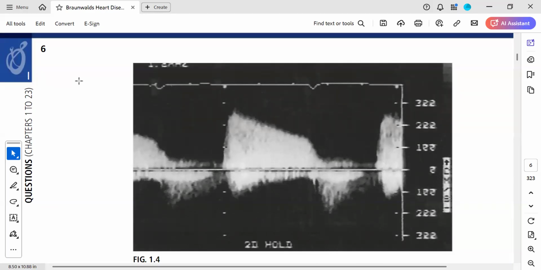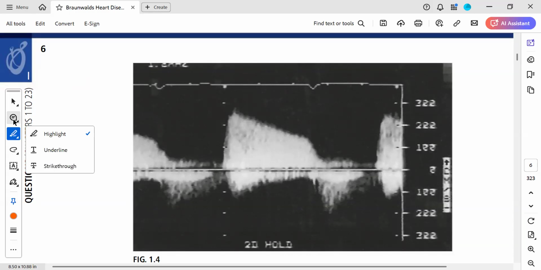Above the baseline is the flow that occurs at diastole. If you notice, the deceleration of the transmitral inflow is prolonged because of the narrowing of the mitral valve, which allows for continual pressure difference between the left atrium and the left ventricle.